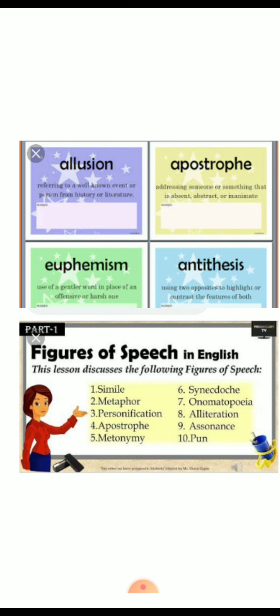The sound itself is suggesting the meaning, like hiss, thud, sizzle, hush, hum, etc. These words are known as onomatopoeia.